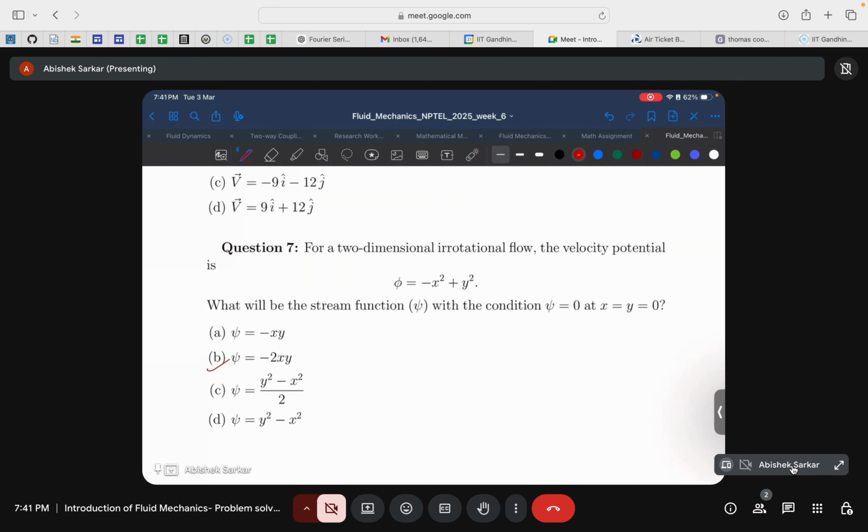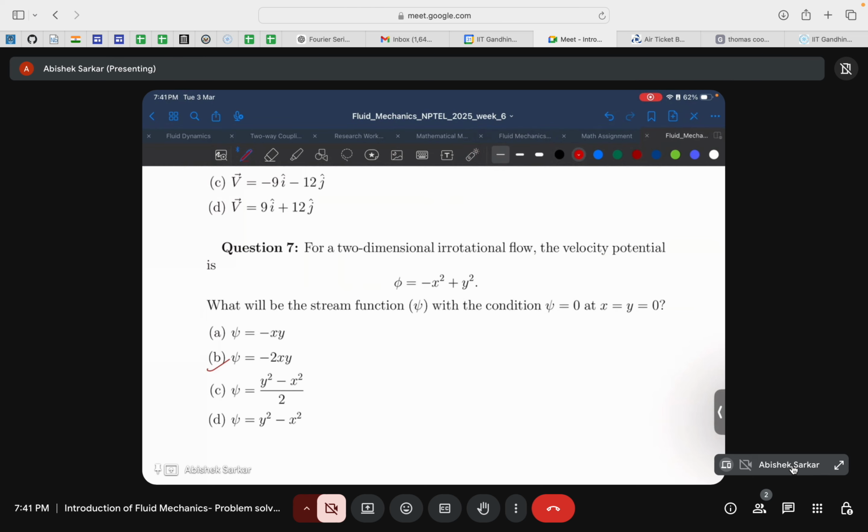The stream function and velocity potential are very useful, and eventually we'll get back to the definition of velocity potential when we discuss the potential flow theory. So I won't reiterate how it is defined and why it is useful. If you revise it properly, you will be able to understand those concepts very clearly.